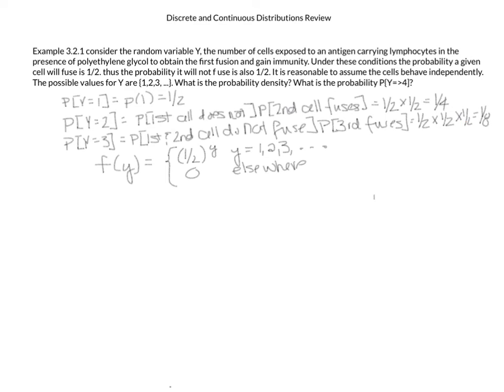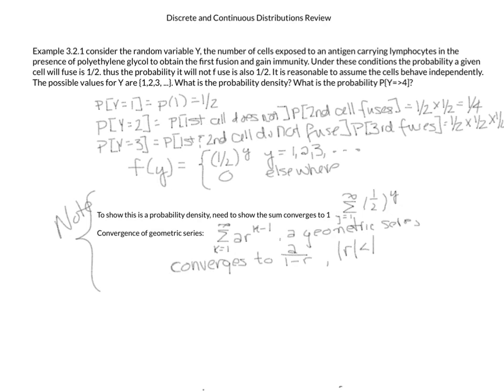If you look at this pattern, you won't be surprised that our density function, the probability of any value y, is equal to 1/2 raised to the y power, where y is a positive integer. It's 0 everywhere else.